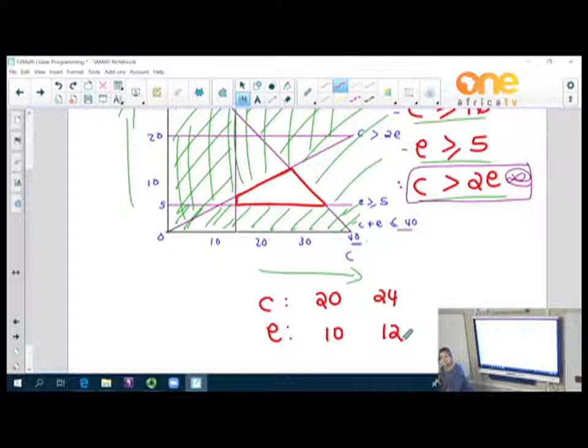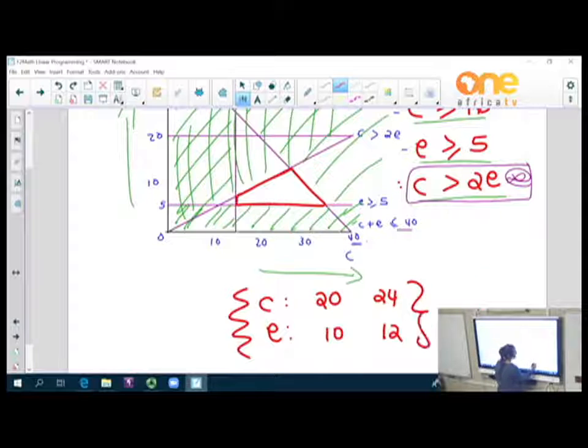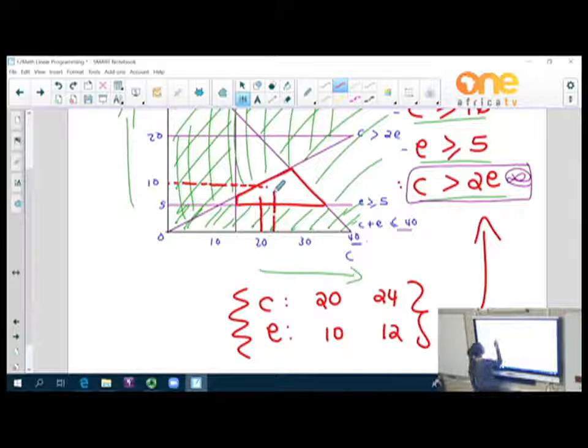Just take note, grade 12s, that when you give these answers, they need to satisfy all your inequalities. So 20 is still in my range, 10 is in my range, 24 somewhere here in my range, 12 somewhere there still in my range.